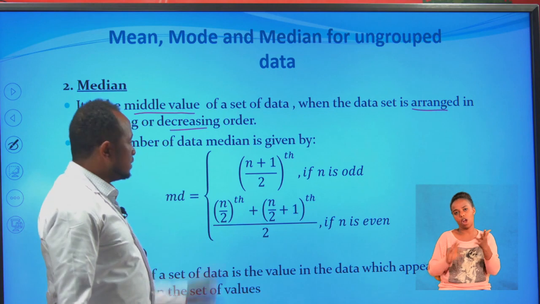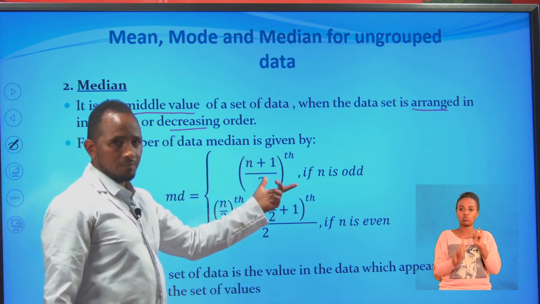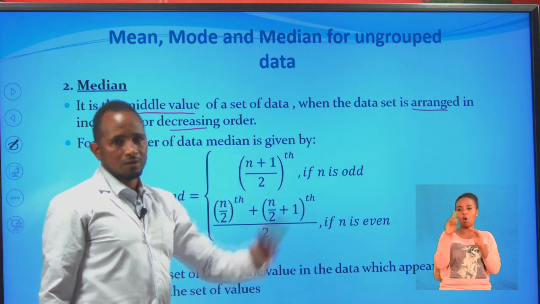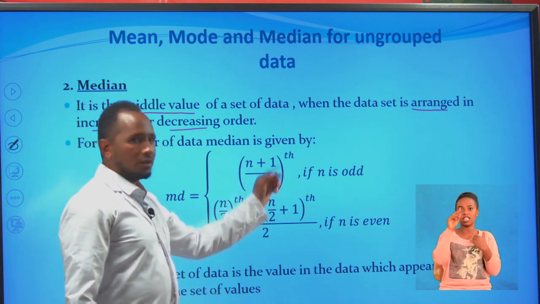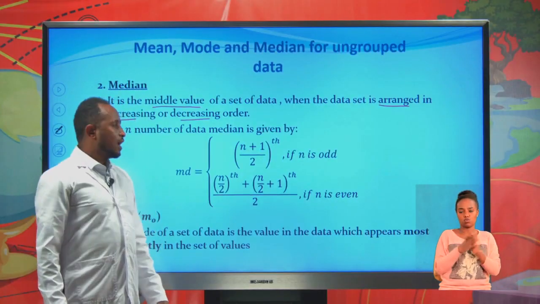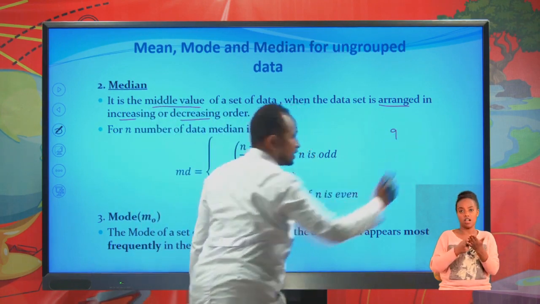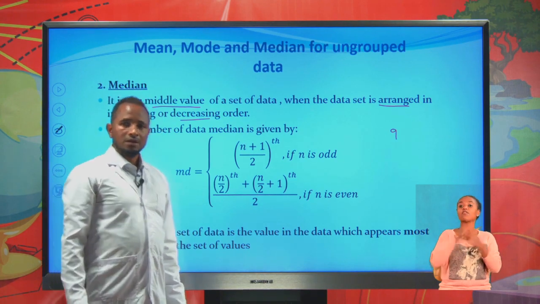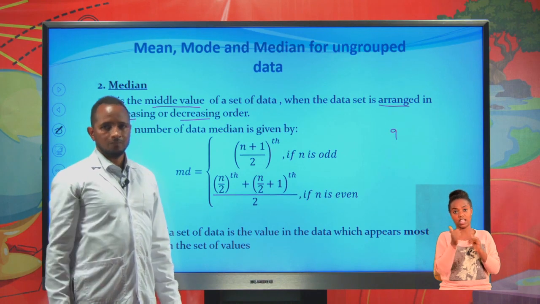If n is odd, if we have an odd number of data, the median will be the (n plus 1) over 2's item. For example, if we have 9 data set arranged in order, the median or the middle value is found at 9 plus 1, 10, 10 over 2 is 5. It's found on the fifth value.